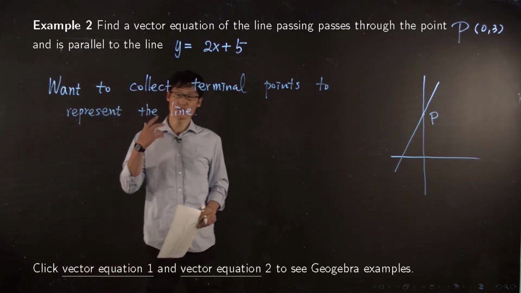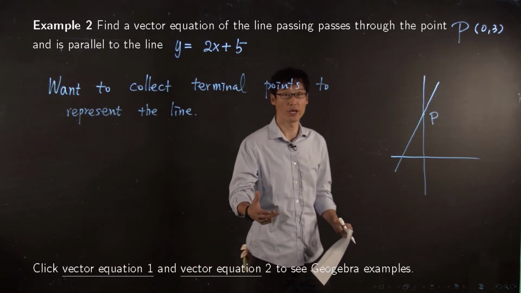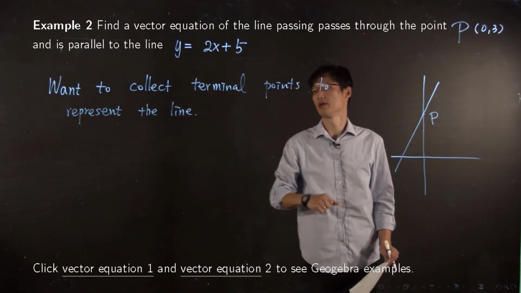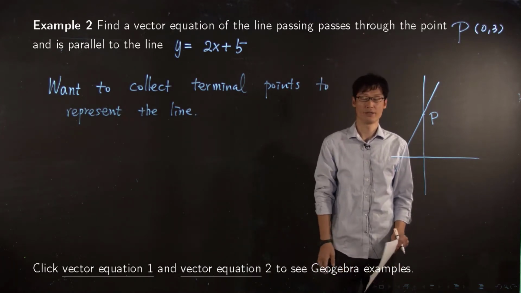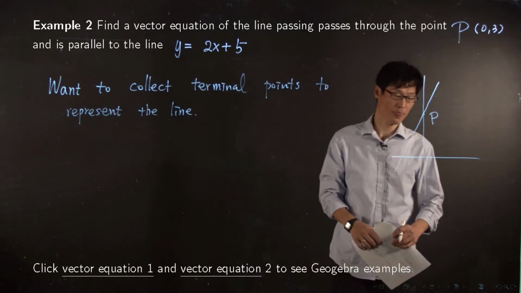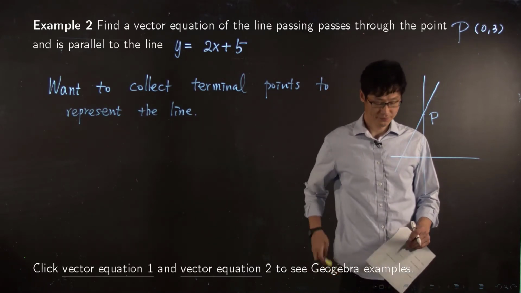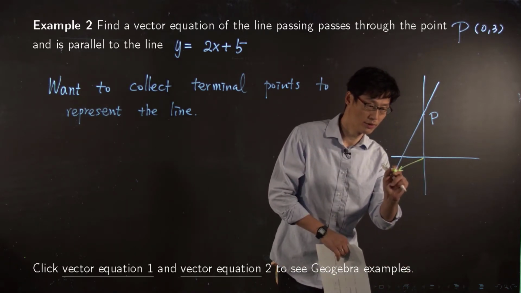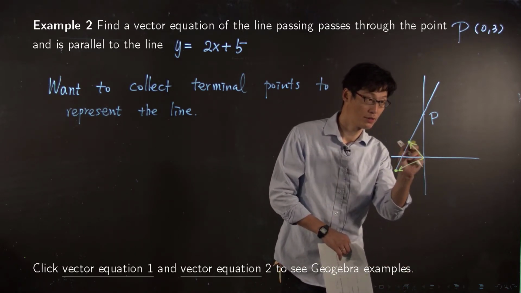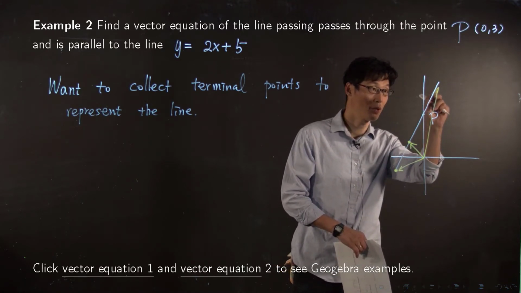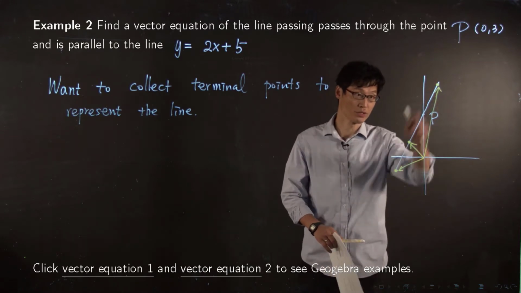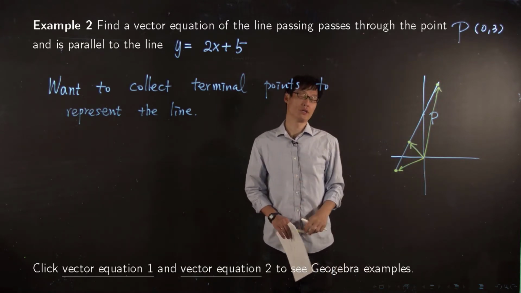So we want to find a vector equation so that the collection of terminal points represents the line. So the idea is, we will think of infinitely many vectors like this so that the collection of terminal points will give you this straight line.